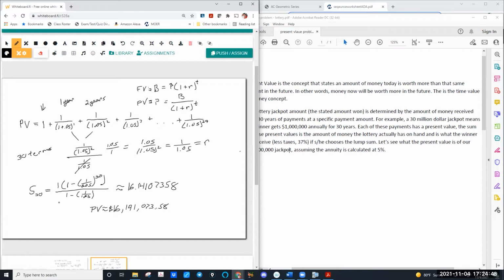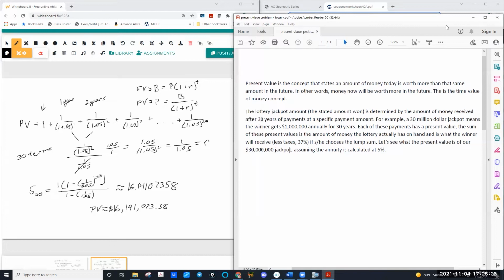Some TI calculators have financial functions that automatically calculate present value, just knowing the payment, the rate, and the number of years or months or whichever you're using. So what we're doing today is looking at how the geometric series actually plays into this.